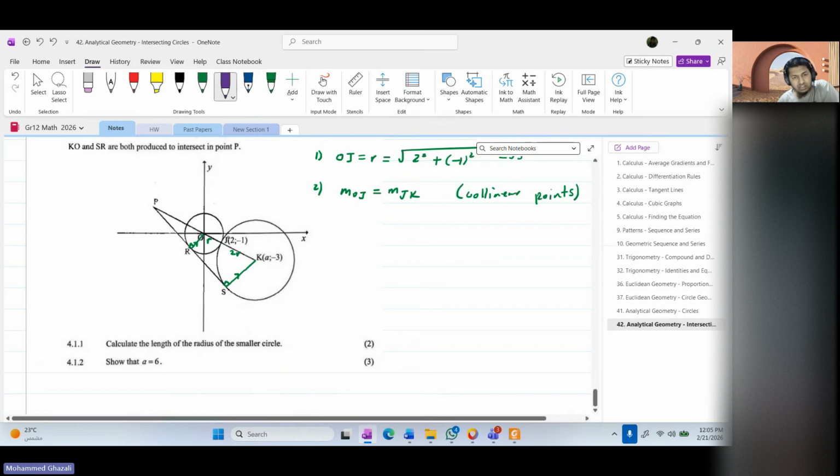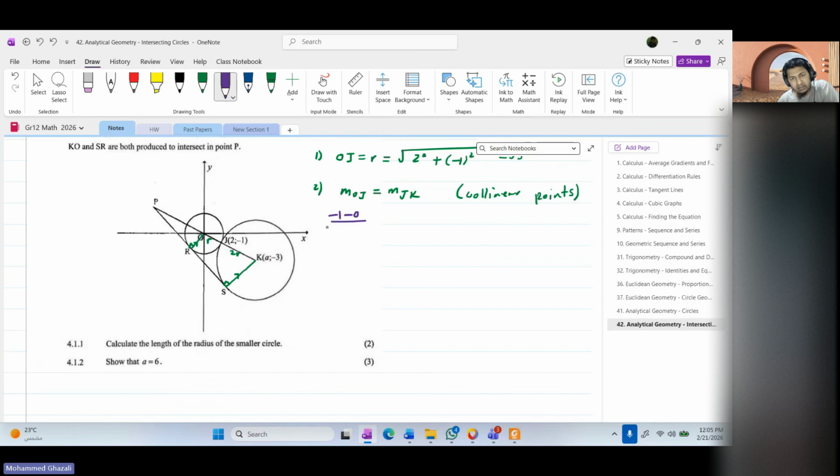So what's the gradient of OJ? -1 minus 0 divided by 2 minus 0. And the gradient of JK is -3 plus 1 divided by A minus 2. Why plus 1? Because minus minus 1.